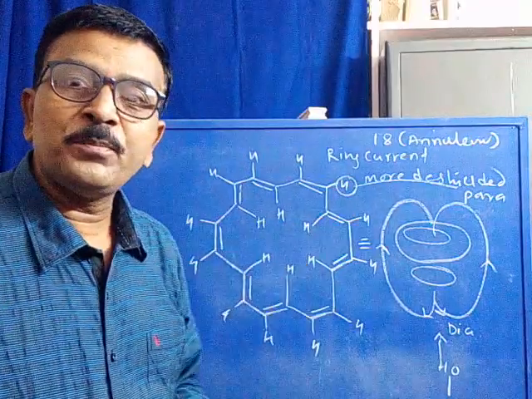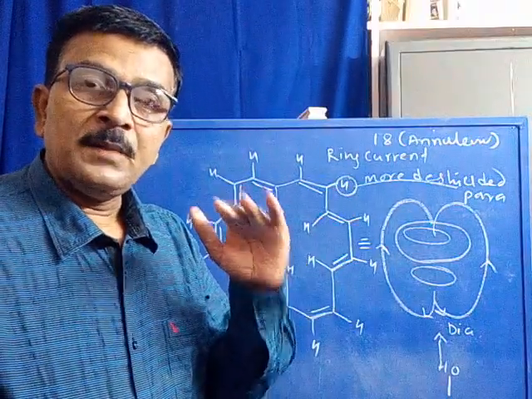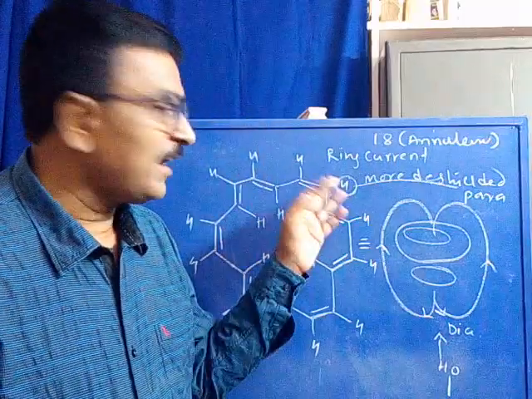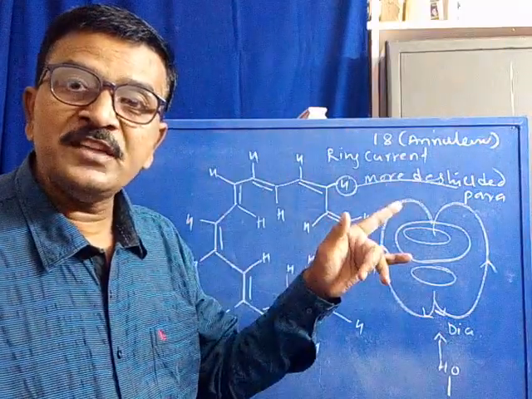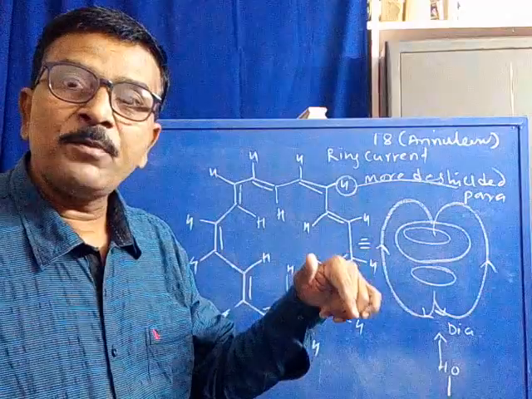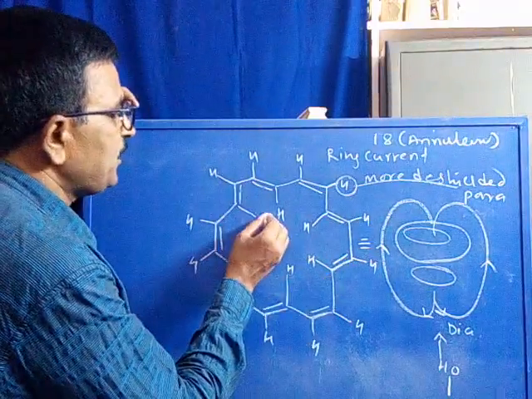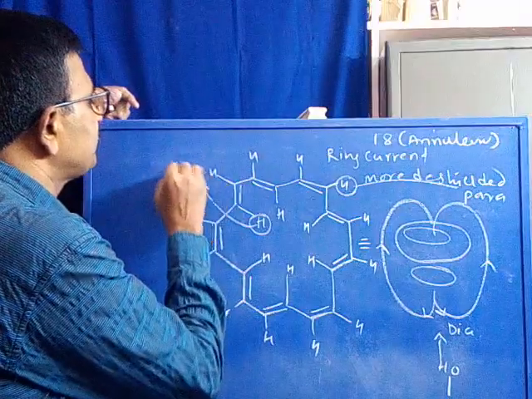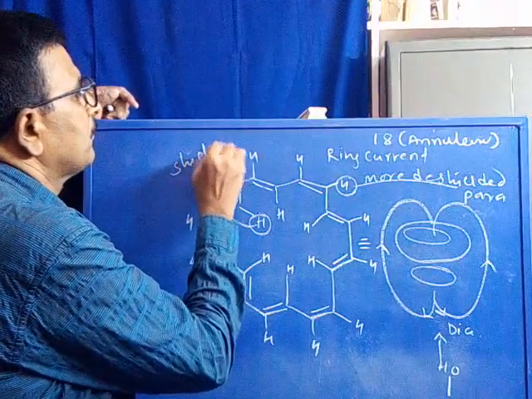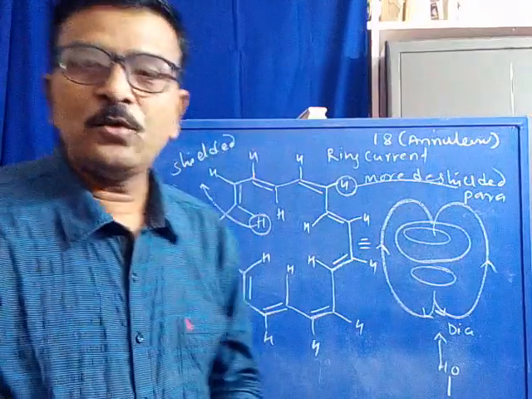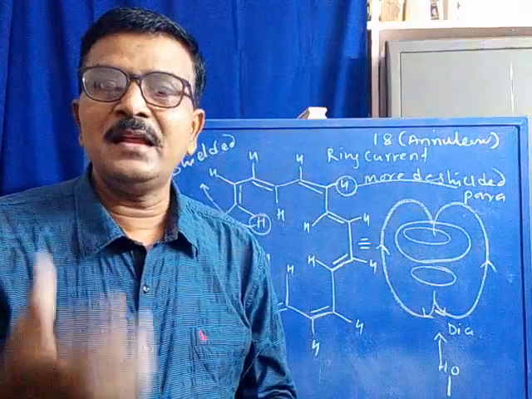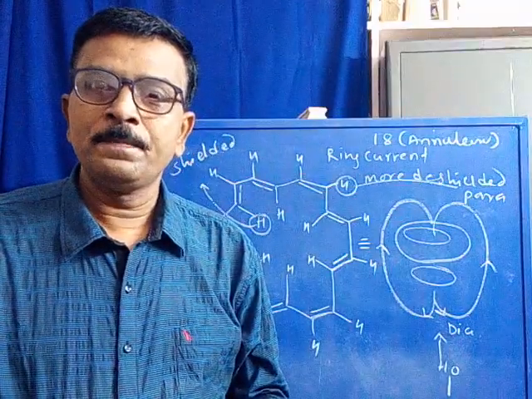Therefore, all the 6 protons are much more shielded, whereas the outer protons are more deshielded and inside protons are more shielded. So all the 6 hydrogens situated inside the ring are more shielded.